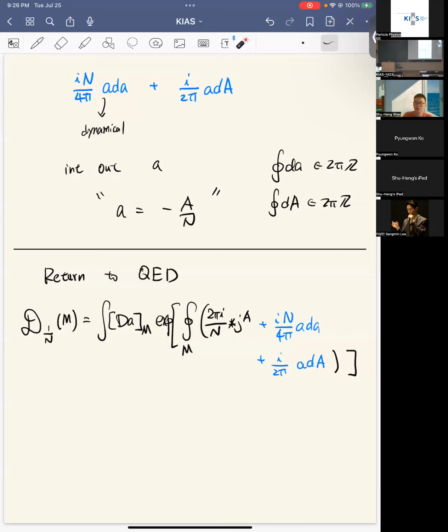In the bulk, question. Yes, please. So you don't include the kinetic term for little a? I don't. Very good. And the reason I don't is because a kinetic term for little a will have a scale, right? When you write down a Maxwell kinetic term for a gauge field in 2+1D, recall that little a only lives on 2+1D.